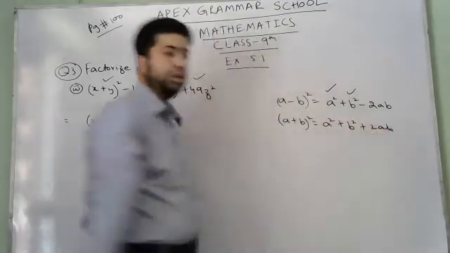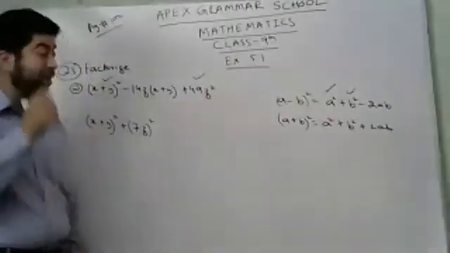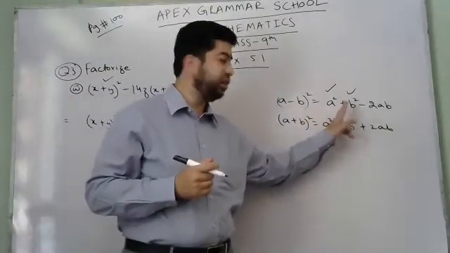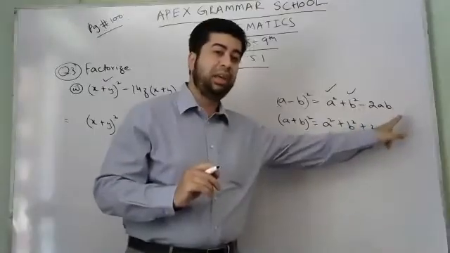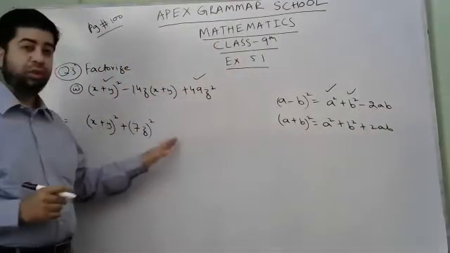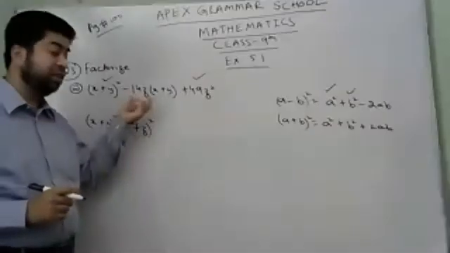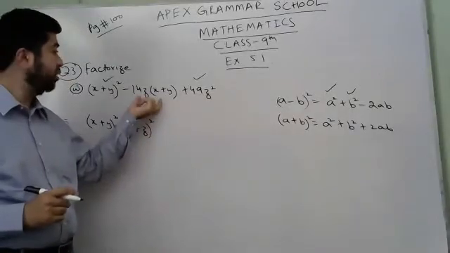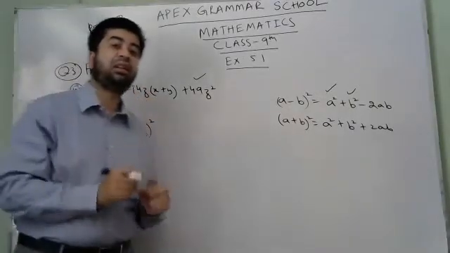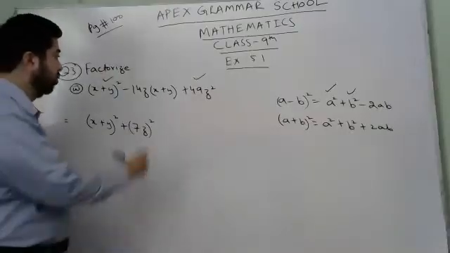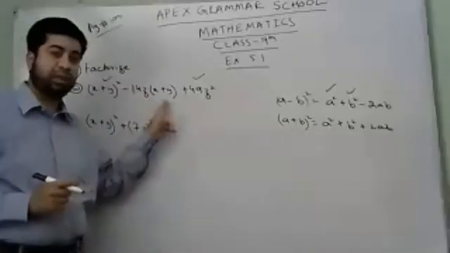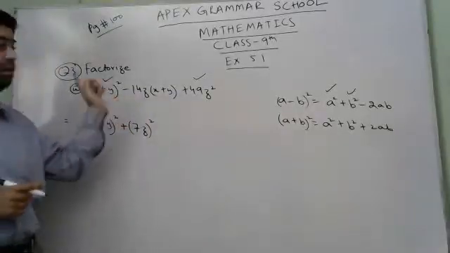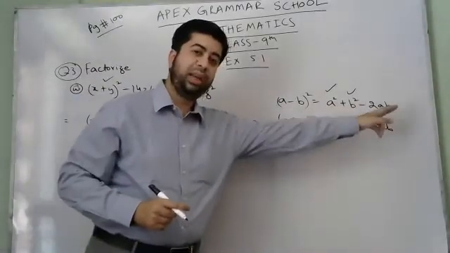So first you make a square, then positive b square, then you have to verify minus 2ab. If this verifies minus 14z(x plus y), then this is the complete formula. So instead of writing minus 14z(x plus y), you have to write it in the form of minus 2ab.